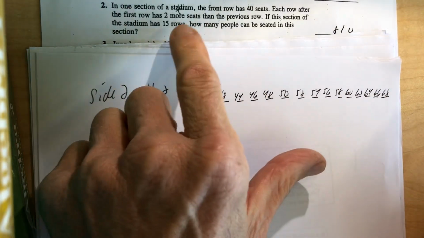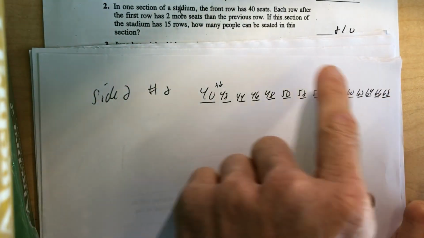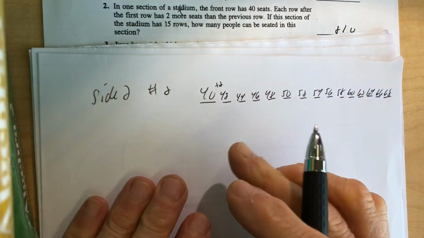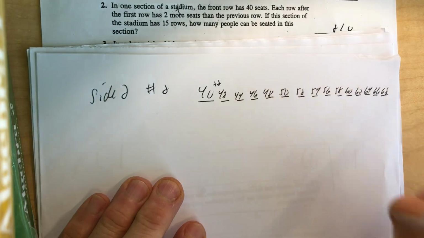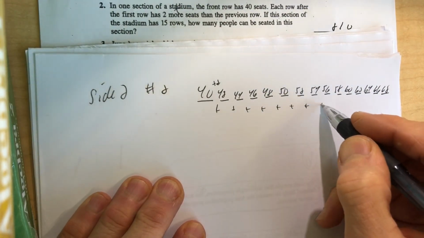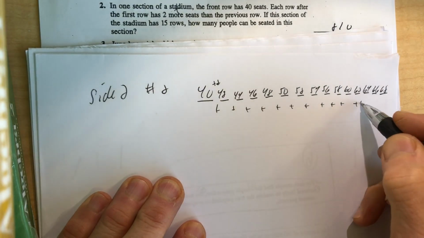It didn't ask how many people in the 15th row. It wants to know how many people can be seated in this section, which means all the rows. So you're going to have to add these up. And that should give you the answer.